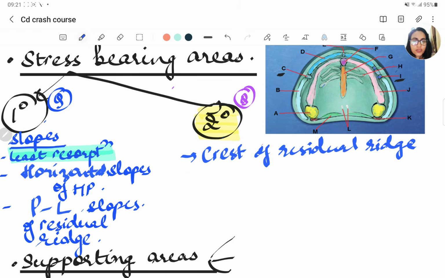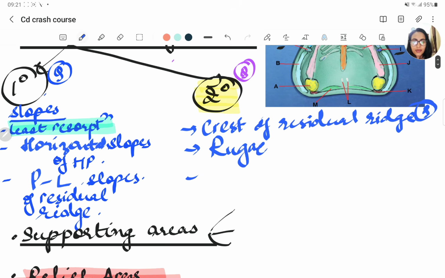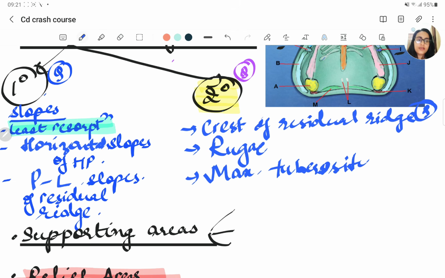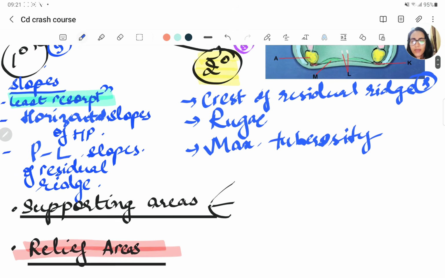I can say the crest of the residual ridge is a stress bearing area for maxilla, but it's a relief area for mandible. Always remember this. Then we have the rugae area. Rugae are also secondary stress bearing areas for maxilla, and the maxillary tuberosity is also a secondary stress bearing area. Tuberosity is again a secondary stress bearing area for the maxilla.